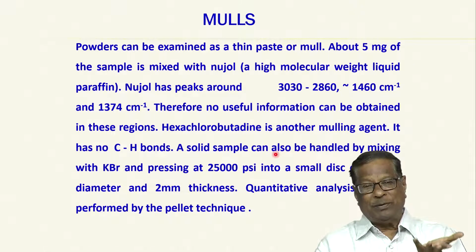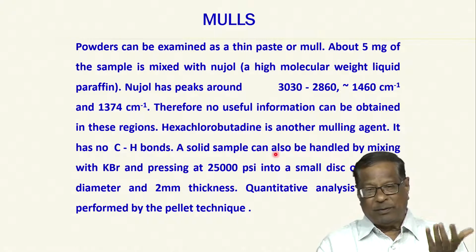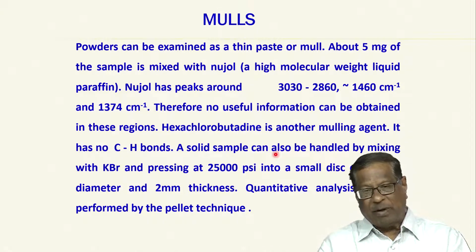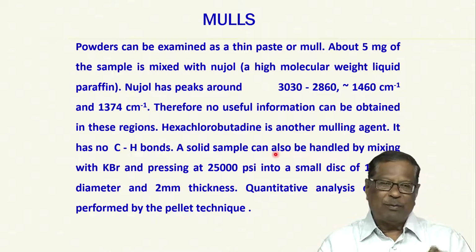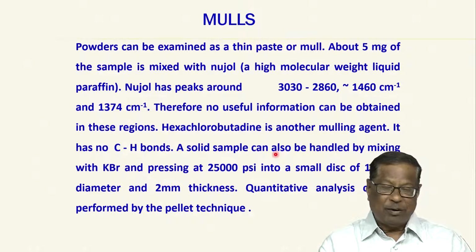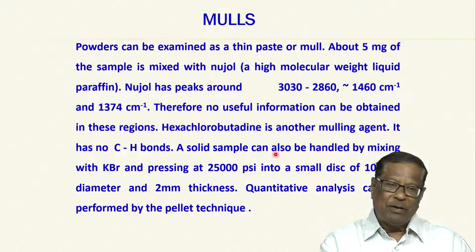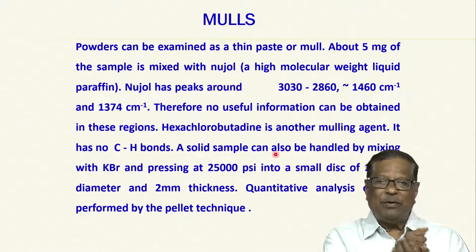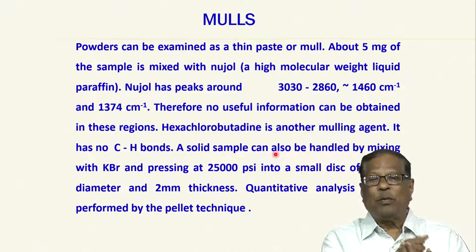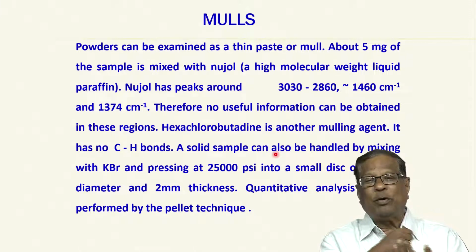What we do is we take a bowl, some marble bowl or something which is non-reacting, and put a little bit of potassium bromide, and then put your solid sample also, mix them nicely as if they do it in an Ayurvedic shop, mixing and powdering.